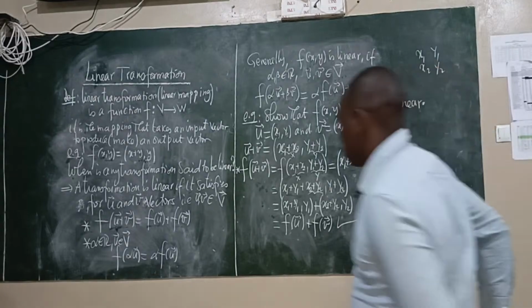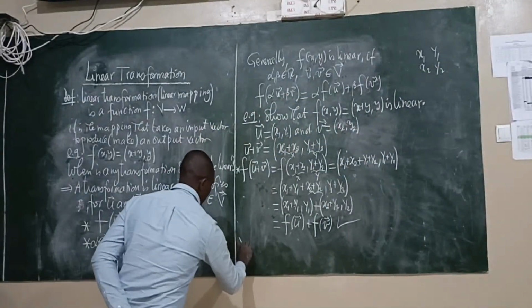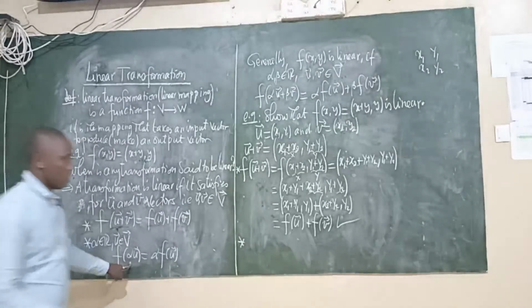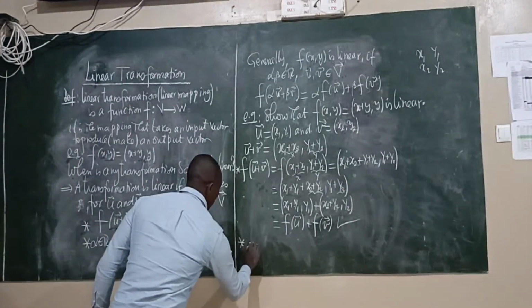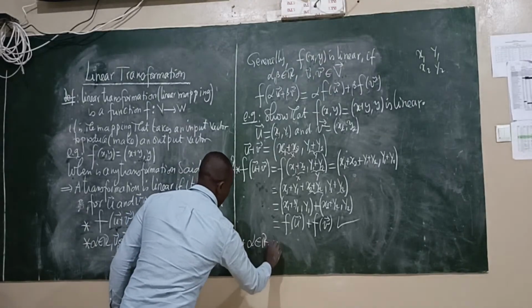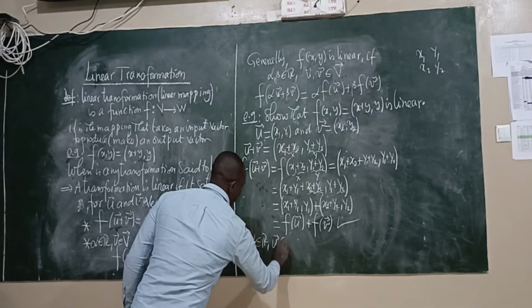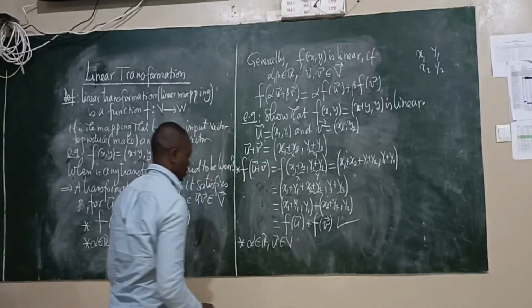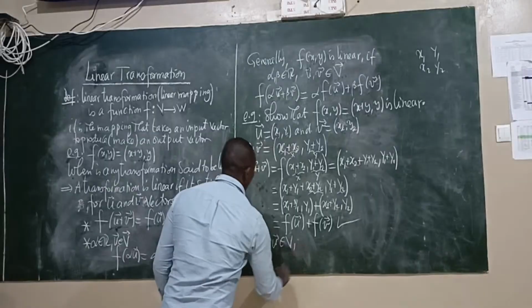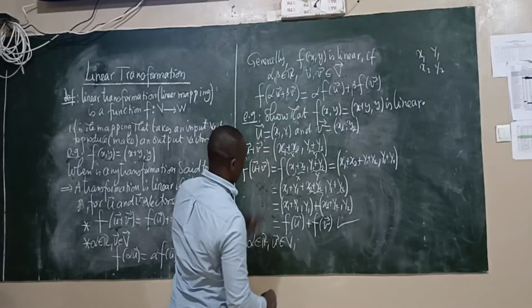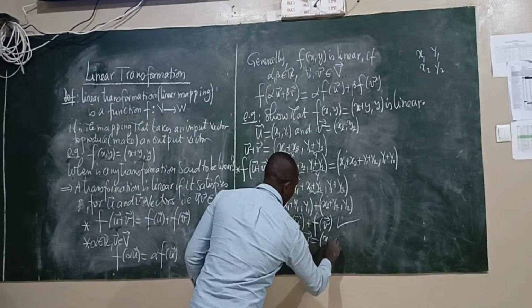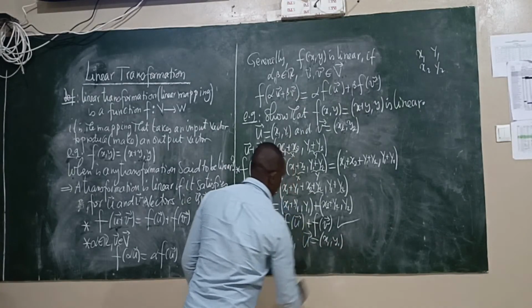Let's now verify property 2. The property was this: we need to take alpha as a real number and u as a vector. We were assuming u to be x1, comma y1.